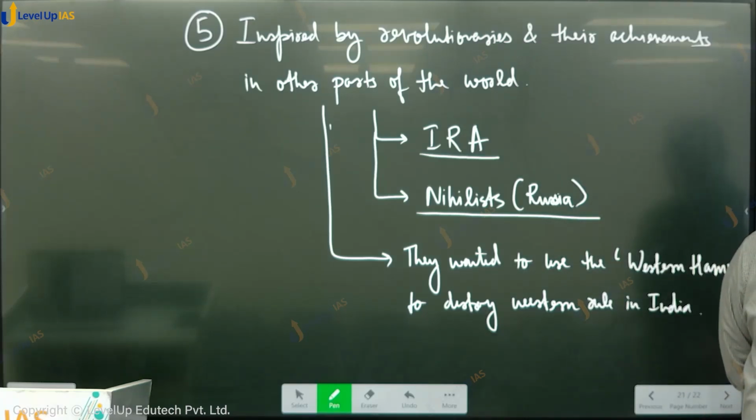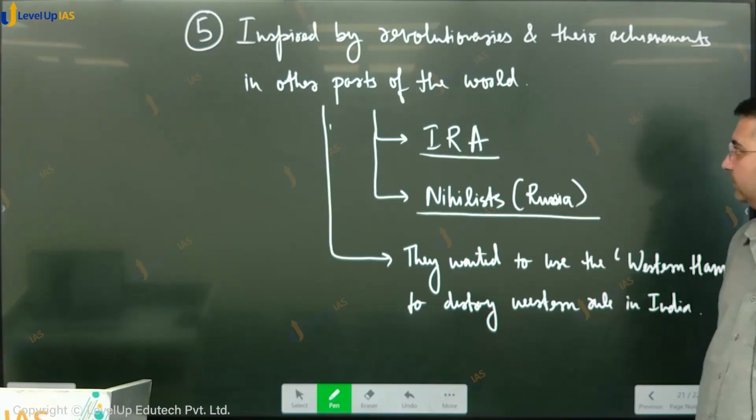So they did not see the end of the Swadeshi movement as the failure of the movement as a whole. They simply saw it as the failure of the mass phase of the movement. If the mass phase has failed, now the individual phase, the revolutionary phase, will begin.